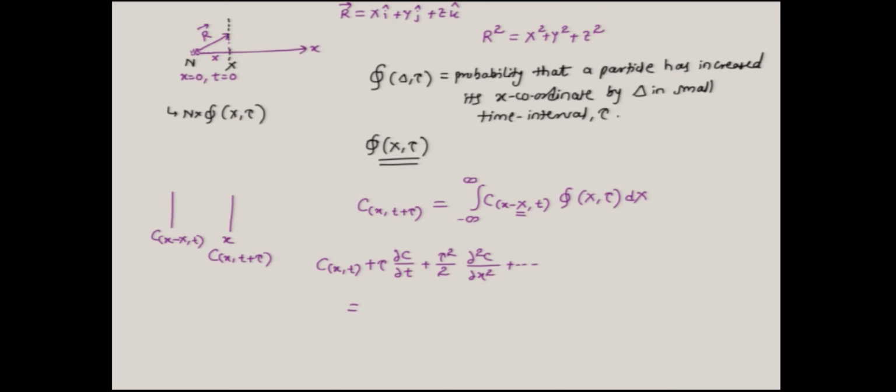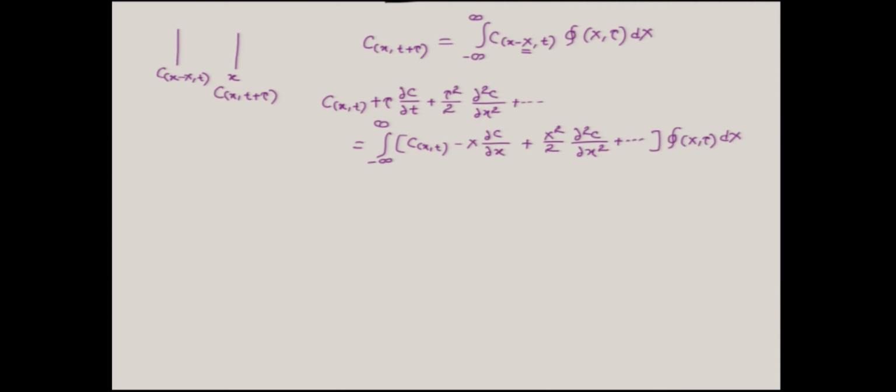And inside the integral we can similarly expand C of x minus X, t, that would be C at x and t minus X times dou C by dou x plus X square by 2 dou 2 C by dou x 2 and so on, times phi of X, tau dX.